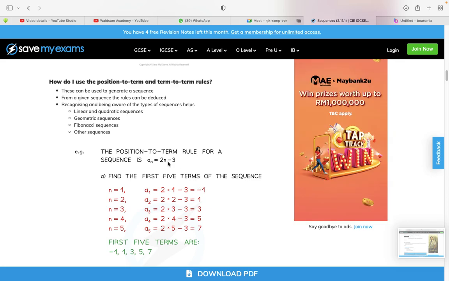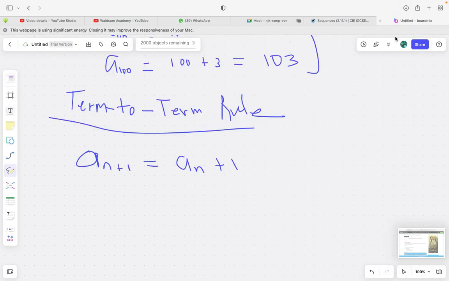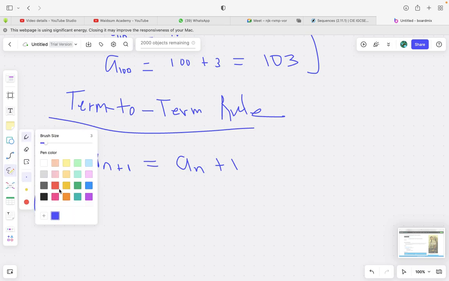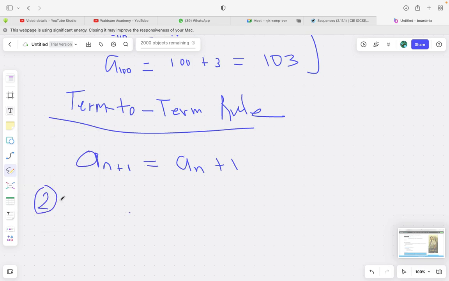So let's say you're given this formula. Let's go to the whiteboard and find the sequence. Another question, let's say this is question 2.